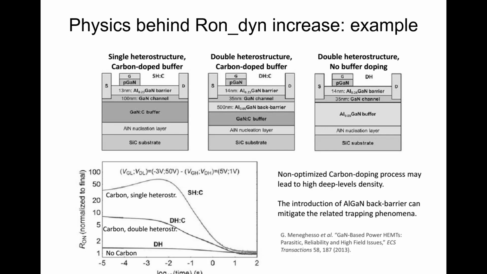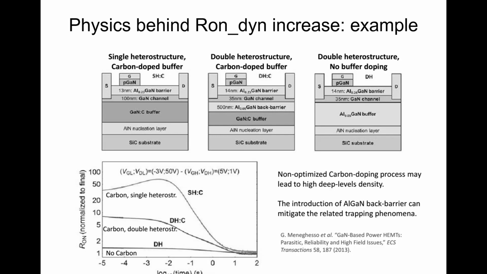And you see the results here of the on-resistance transient versus time. The high carbon device delivers very high current collapse, a huge increase of the on-resistance, and recovery after a while, which is less pronounced when you move the carbon away from the 2DEG.